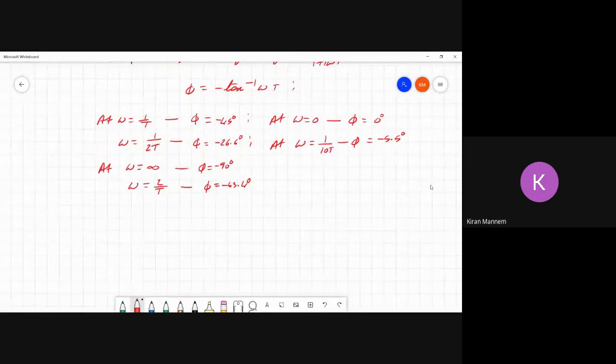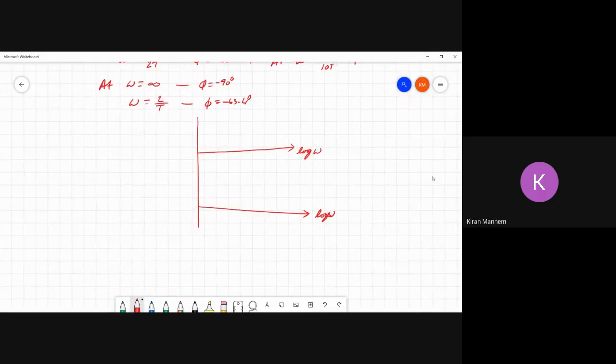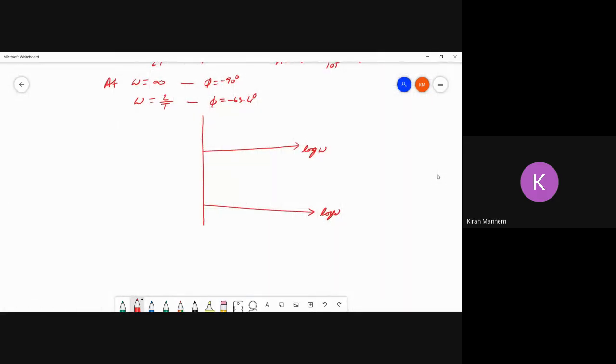So let us draw the Bode plot for all these values. Let us draw the Bode plot for this 1 by 1 plus j omega t. Take 2 axes, log omega. I'll take one more axis, log omega. Let us move up so that we can draw the graph. This would be your magnitude plot in dB.